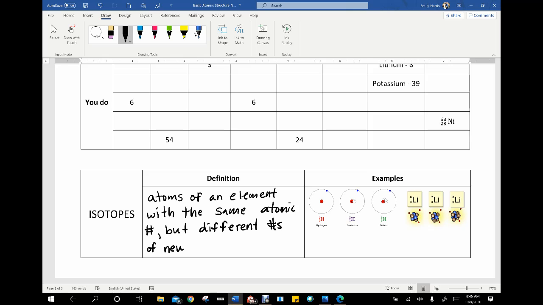And if the number of neutrons changes, so will the mass number, since it's the sum of protons and neutrons. Different numbers of neutrons result in a different mass number.